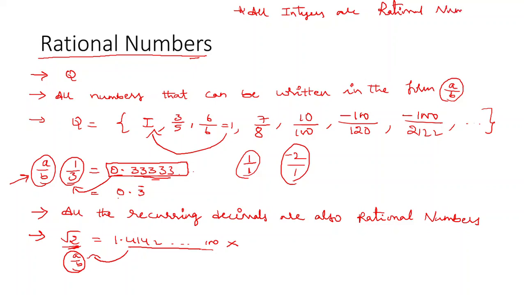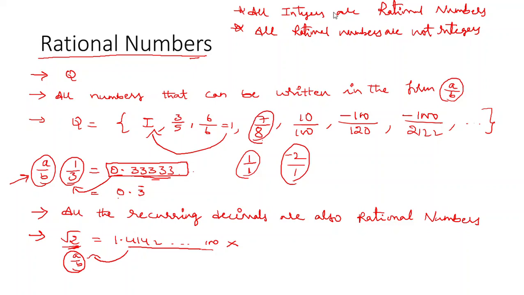All integers are rational numbers, whereas all rational numbers are not integers, because the integer set does not contain 7 by 8.